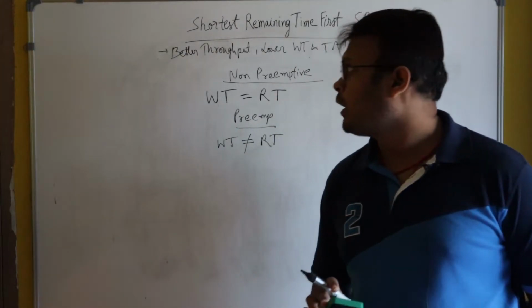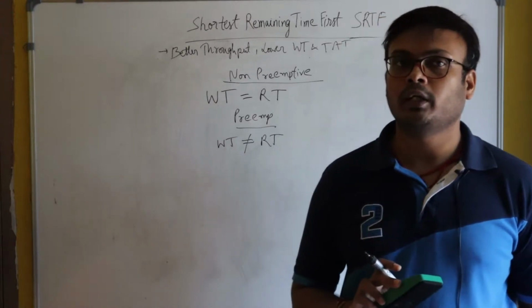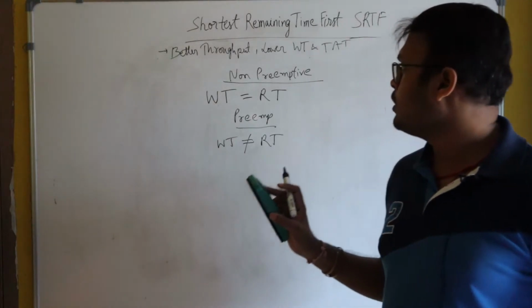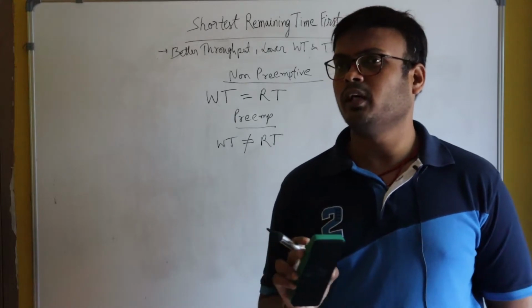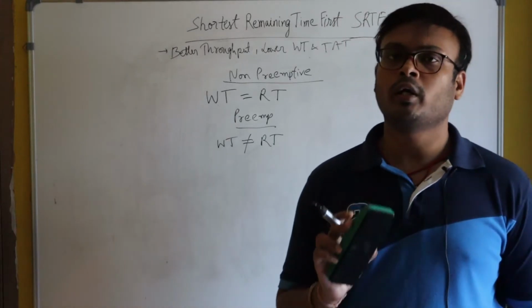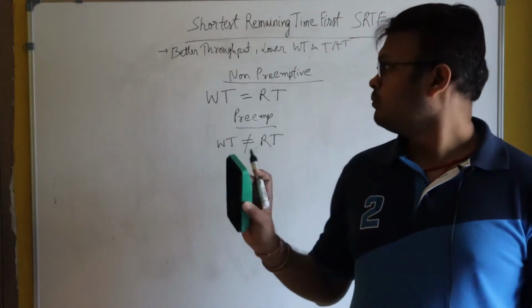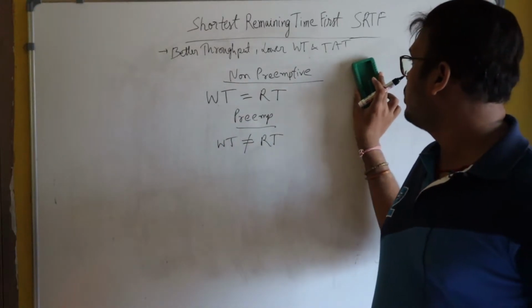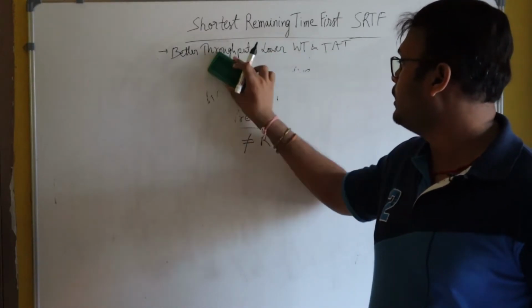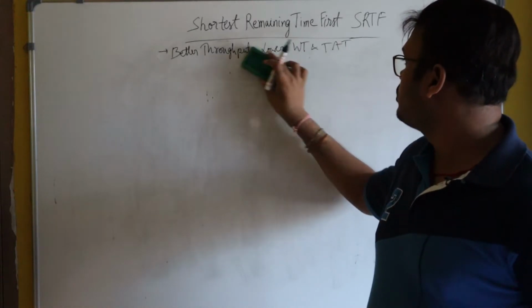Don't worry, I will solve another question of shortest remaining time first, because I know it's somewhat difficult. But if you solve more and more questions, it will be beneficial for you because your basic concepts will be more clear.